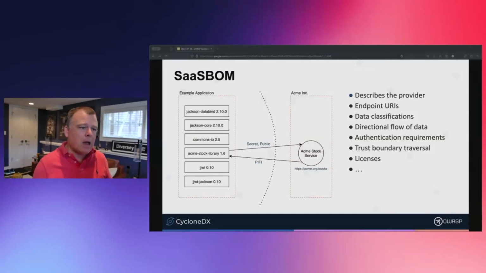With that, now my SBOM with my service information can describe the reliance on that particular service, who the provider is, what the URLs are, what the data classifications and directional flow of data are, any kind of trust boundary traversals, even the licensing information about that service.